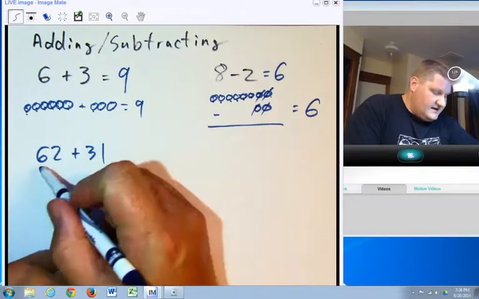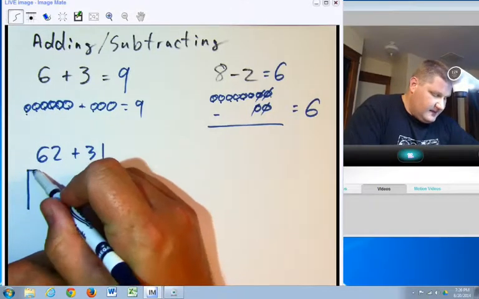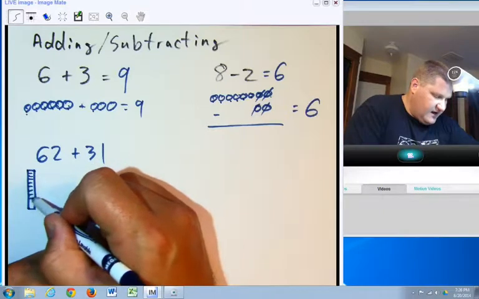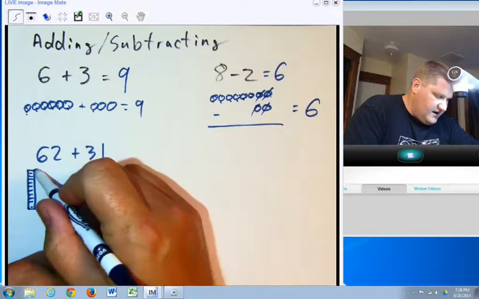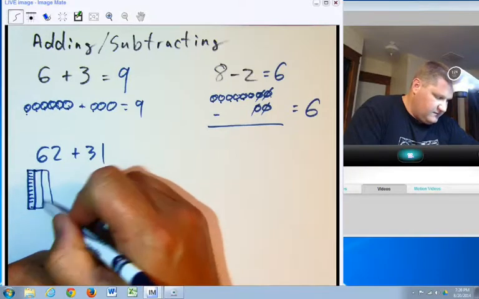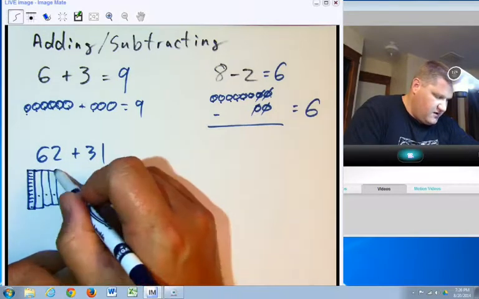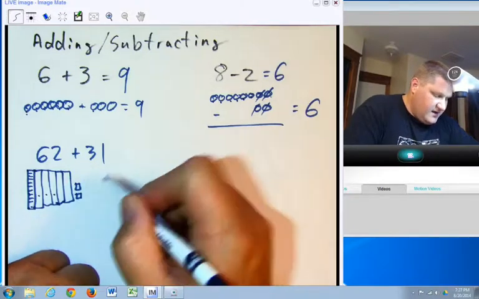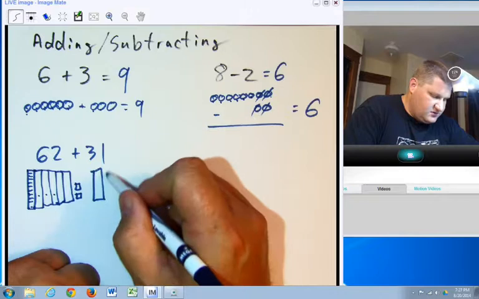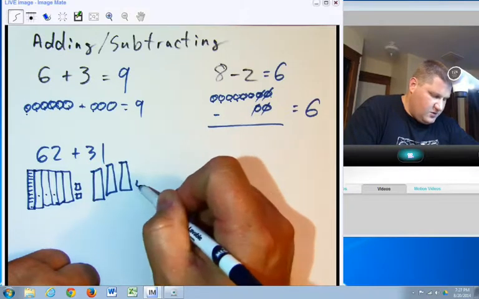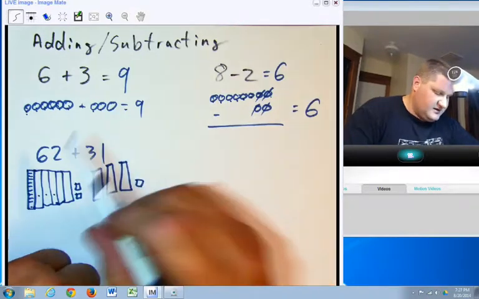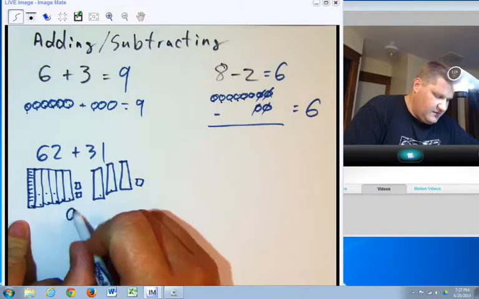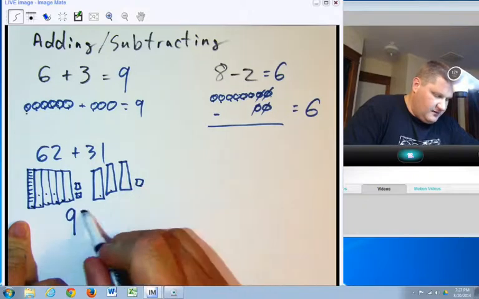But what we can say is if I have a strip of 10, and I have 6 strips of this, plus 2, and I have 3 strips plus 1. Now I can easily put them together and say 9 strips and 3 little bits.